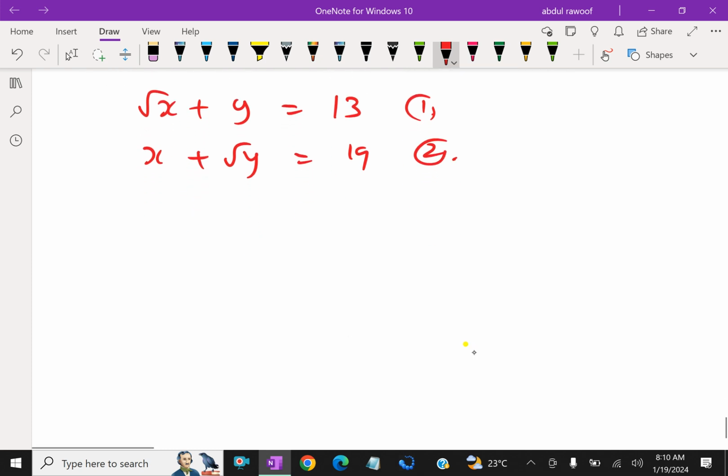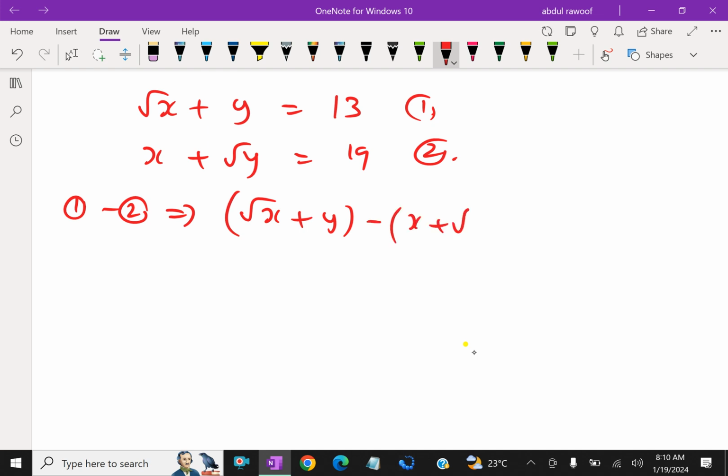By subtracting 2 from 1, we get root x plus y minus x plus root y equals minus 6, because 13 minus 19 is minus 6.